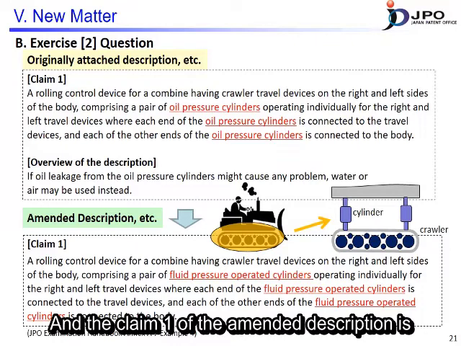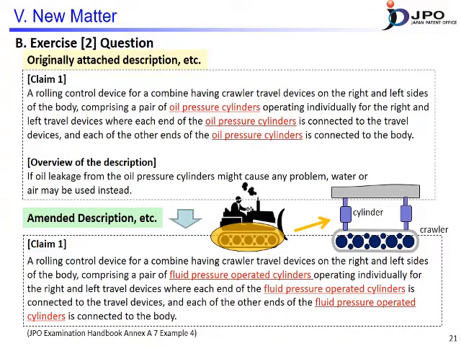the claim of the amended description is a rolling control device for combine having crawler travel devices on the right and left sides of the body, comprising a pair of fluid pressure operated cylinders operating individually for the right and left travel devices, where each end of the fluid pressure-operated cylinder is connected to the travel devices, and each of the other ends of the fluid pressure-operated cylinder is connected to the body.